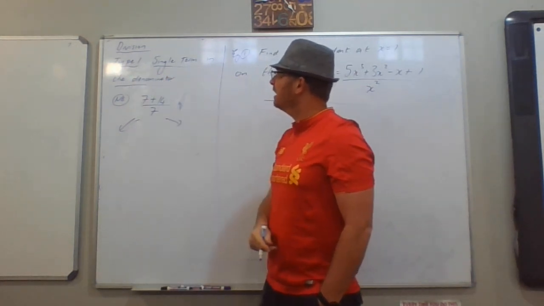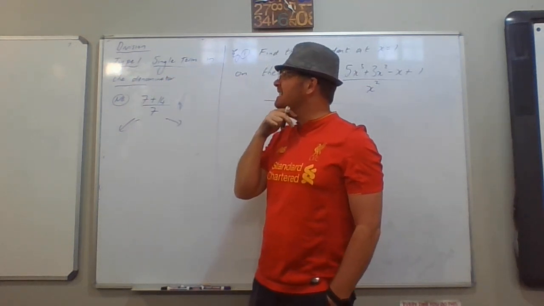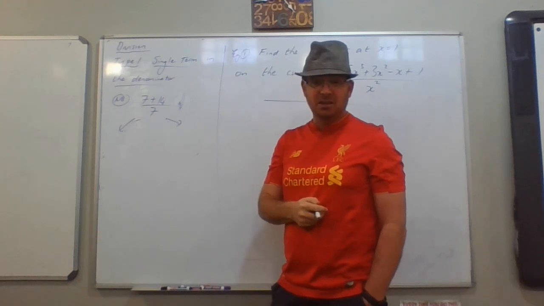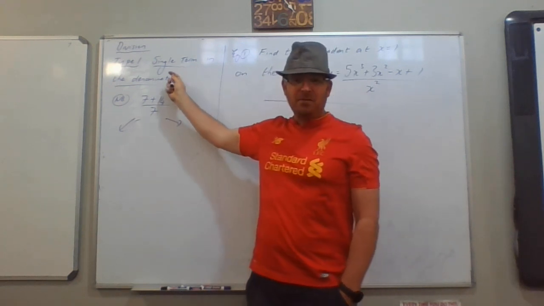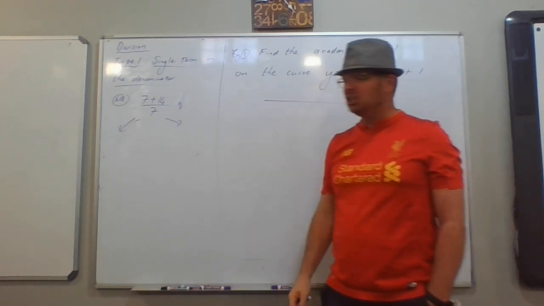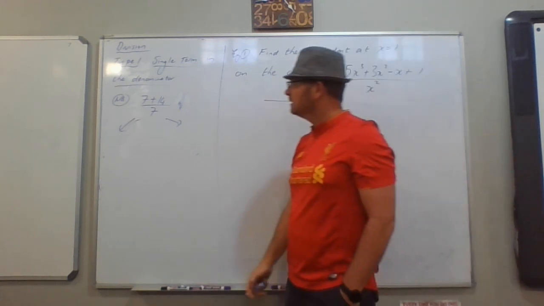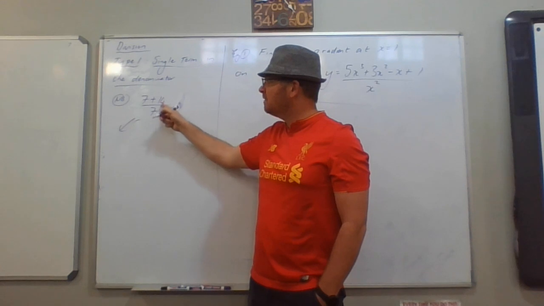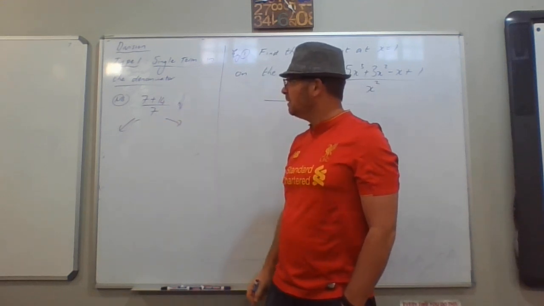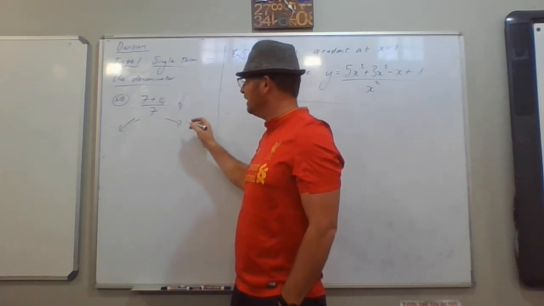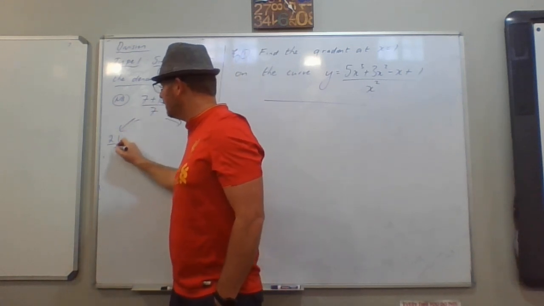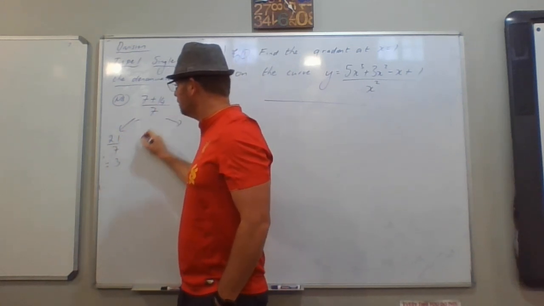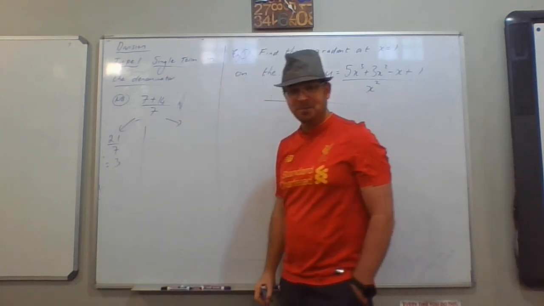Right, division. Okay, so if you're differentiating and you've got division with variables in the denominator, they're kind of two types. And the first type is if there is a single term in the denominator. Say I gave you 7 plus 14 over 7. Well, what most of you would do is you'd say, well, 7 plus 14 is 21, and 21 divided by 7, which is perfectly correct, is 3.